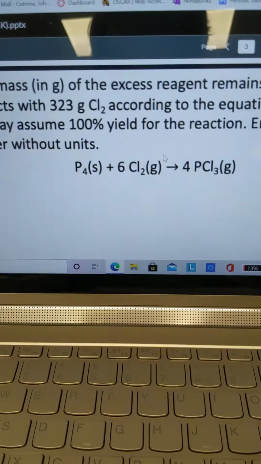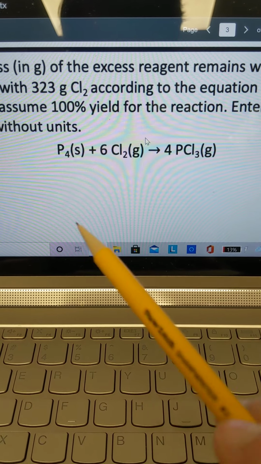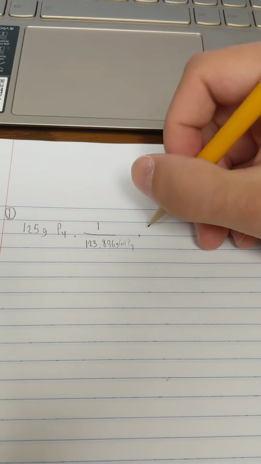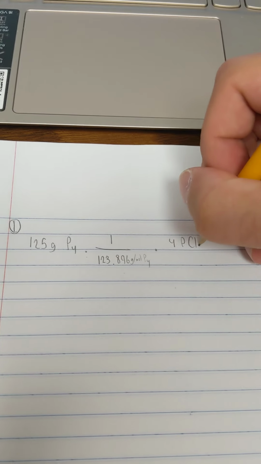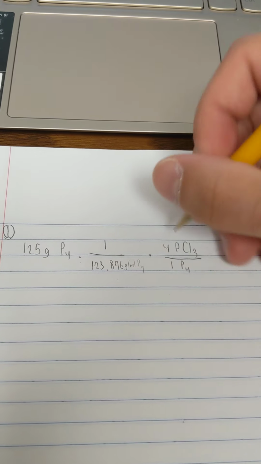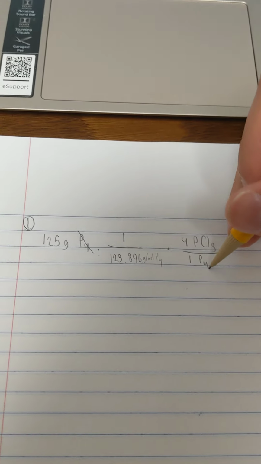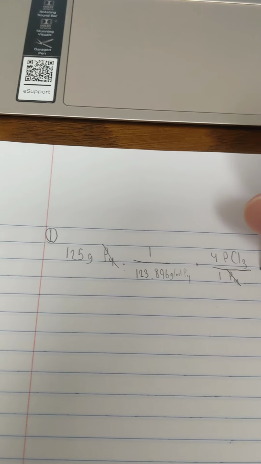Then, as you see in the equation, you have 4 PCl3 to 1 P4. So what you're going to do is have 4 PCl3 over 1 P4. That way, it crosses out the P4 here and the P4 here and leaves you with PCl3.